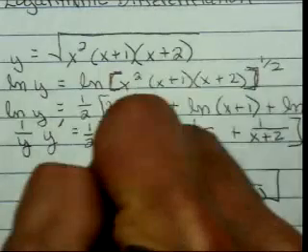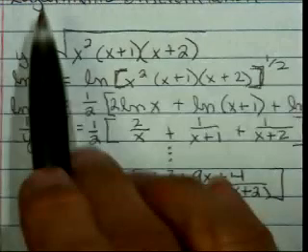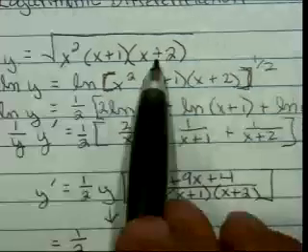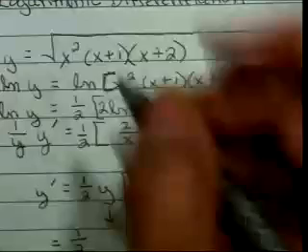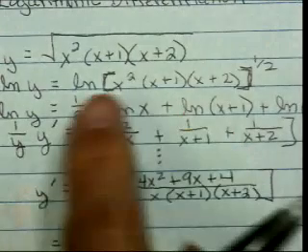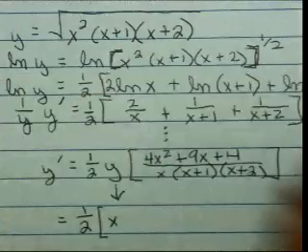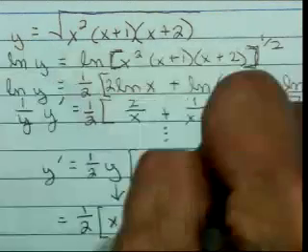In the place of y, instead of putting all that stuff under a radical, I'm going to say square root of x squared is just x. And then square root of x plus 1 is x plus 1 to the 1/2. And square root of x plus 2 is x plus 2 to the 1/2.